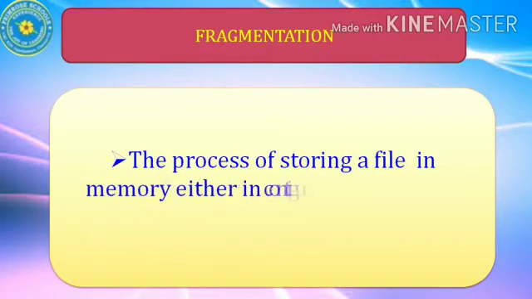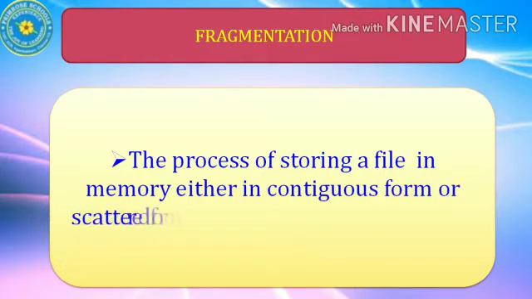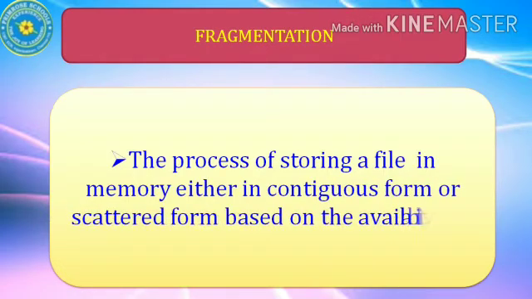So fragmentation is the process of storing a file in the memory either in contiguous form or scattered form based on the availability. So to store a file in the memory, we can store the file either in contiguous form or scattered form. Sorry, it is not continuous, it is contiguous. So what is the difference between contiguous and continuous form?